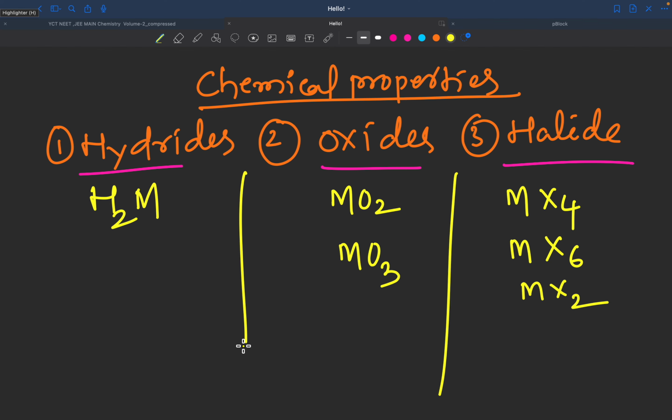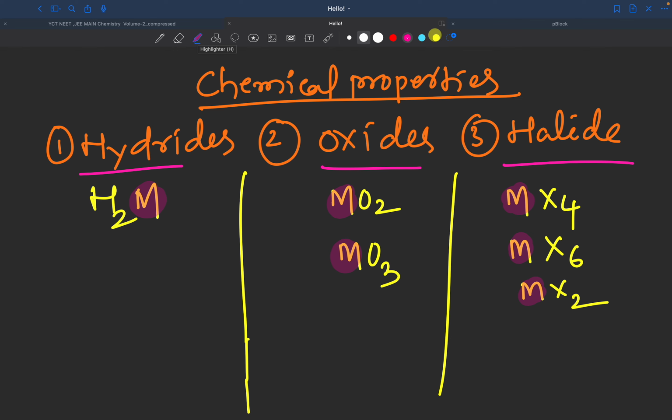We'll just take the overview and then go into the details. What you have to do here is replace this M by the element, by the 16th group elements, and then you will get the hydride, oxide or halide of any element.